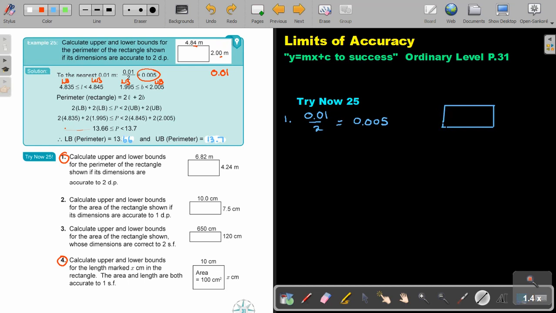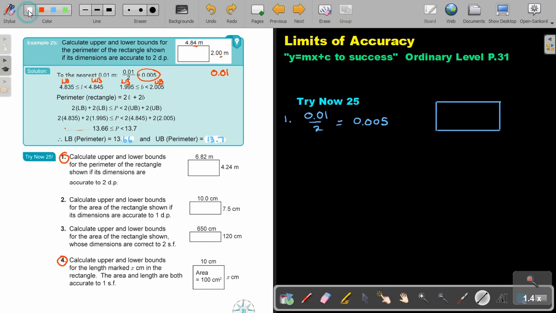Oh, sorry, this line is not nice. Oh, it's too big. Okay, let's try again. Straight line. Okay, this is better. It's just a rough sketch.